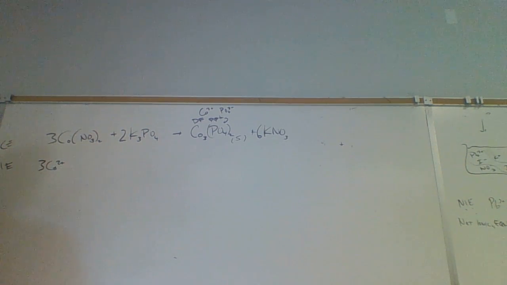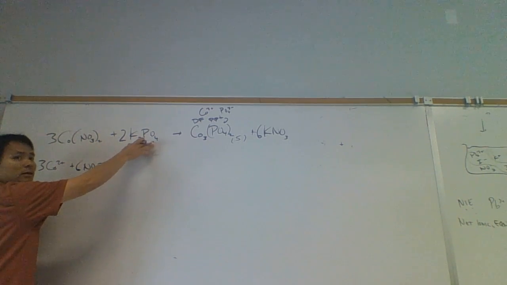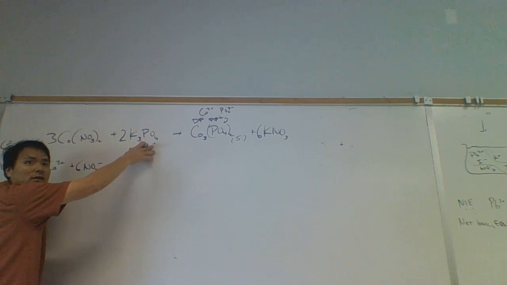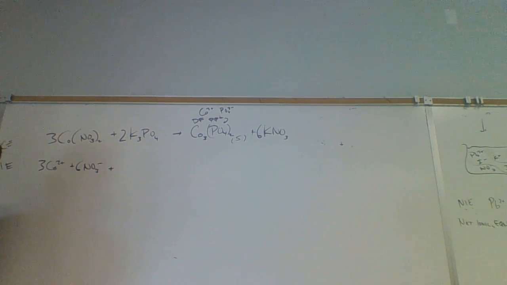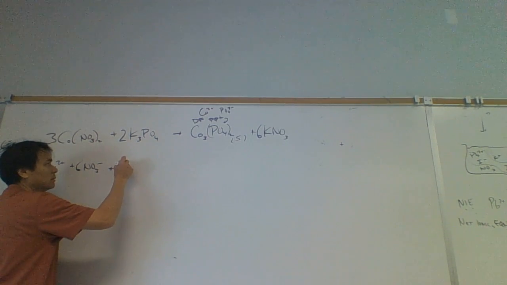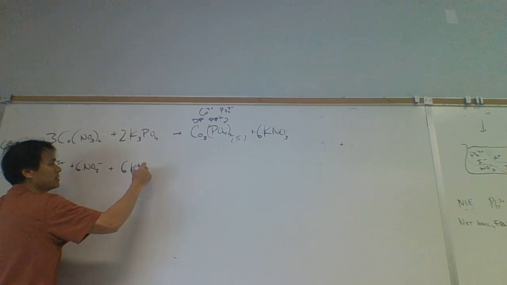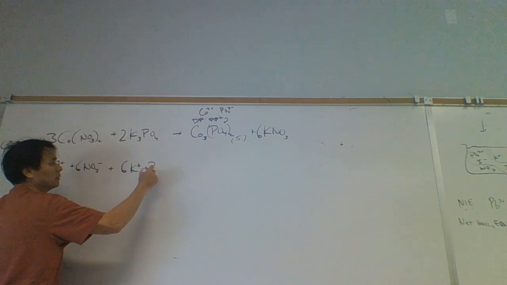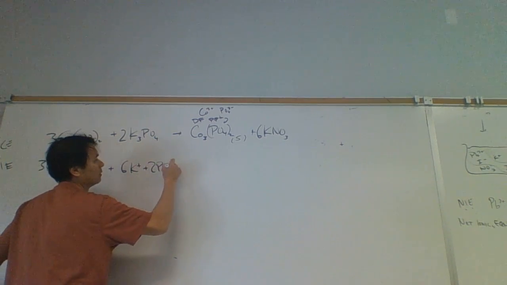How many nitrates? 6 nitrates. Sorry. Will water break apart this potassium phosphate? Yeah, it's a soluble salt. Water is going to tear apart the crystal lattice, and it's going to form how many potassiums? 6 potassiums, and how many phosphates? 2 phosphates. Good.